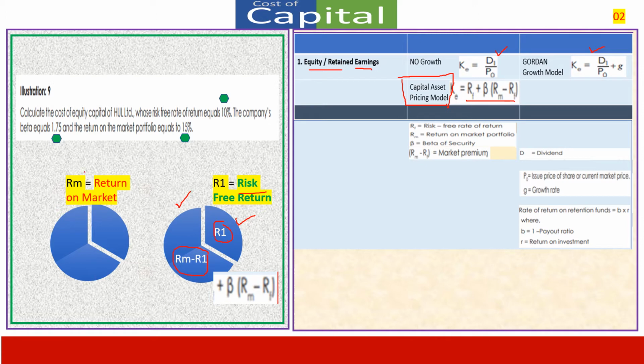If we take the market return as RM and if risk-free return is R1, the balance return is called RM minus R1.